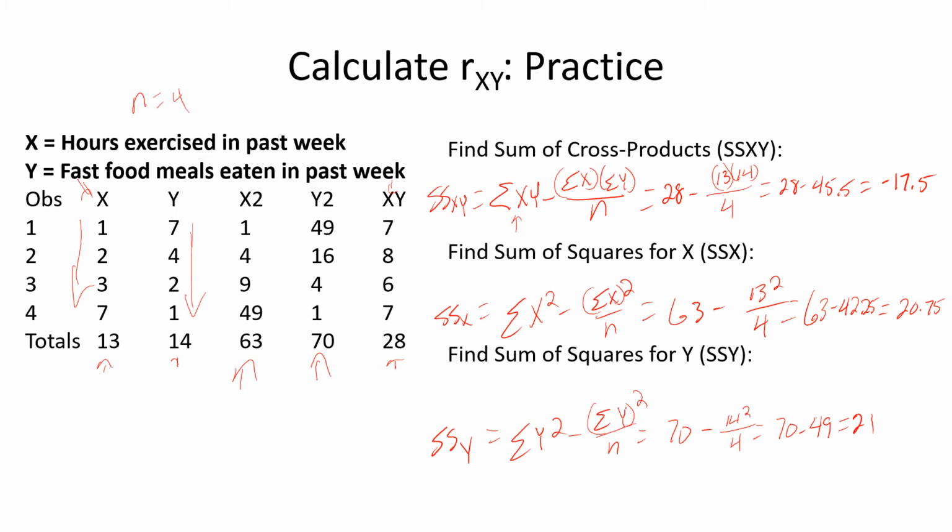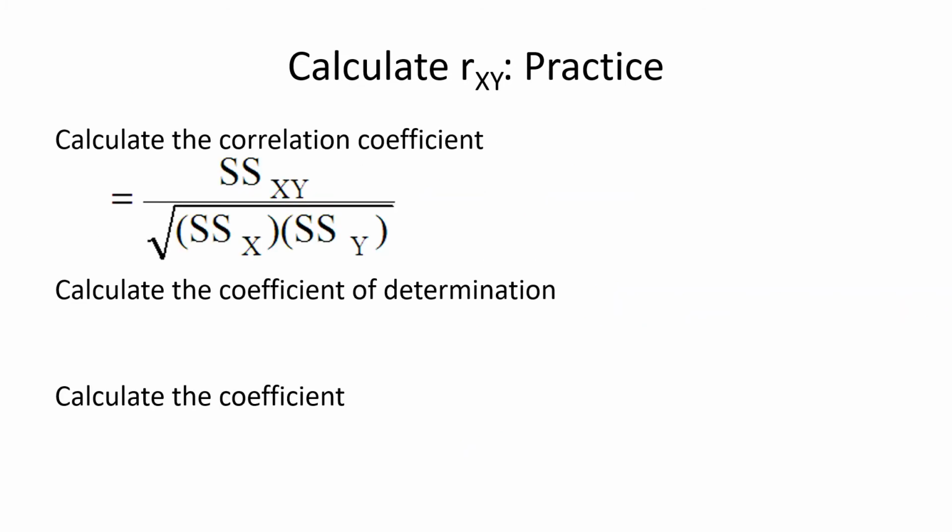Now we have everything to get to our covariance, and also to get to our R value. So now we take those values and we need to calculate the correlation coefficient.